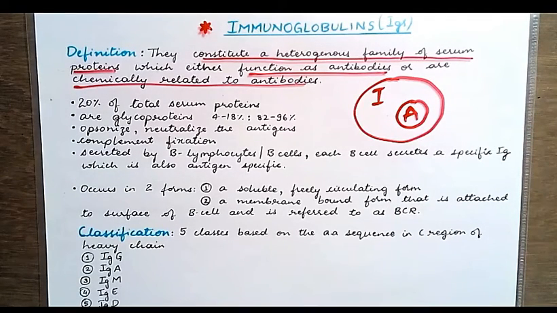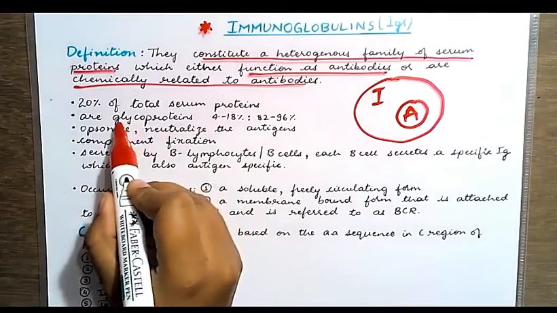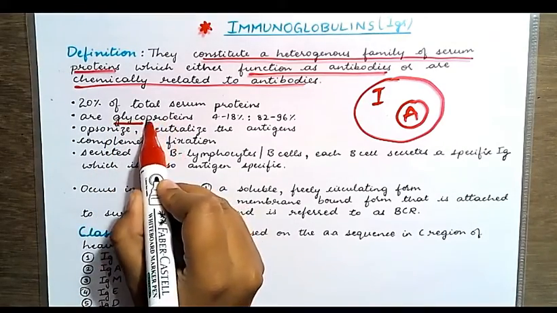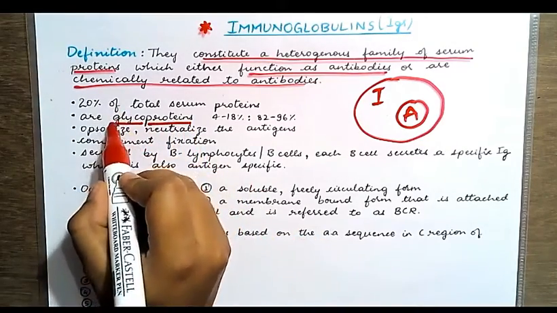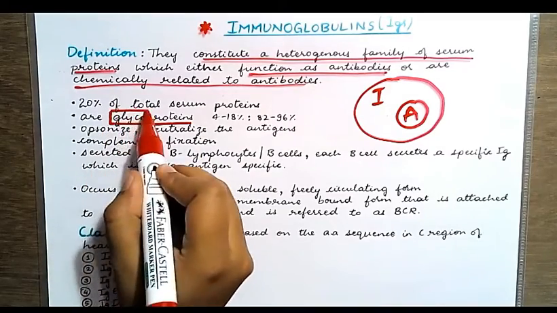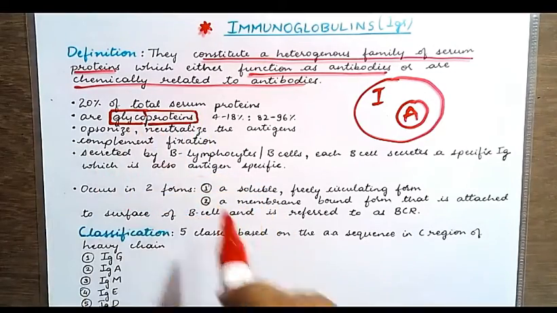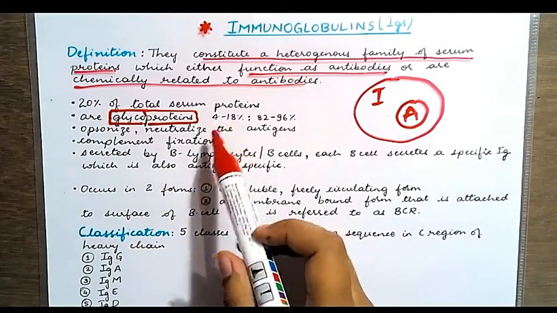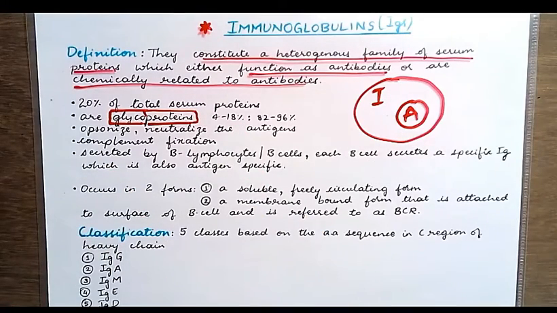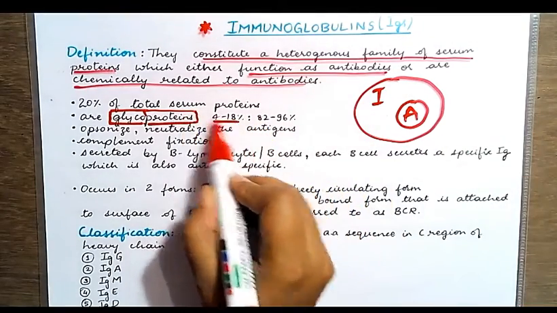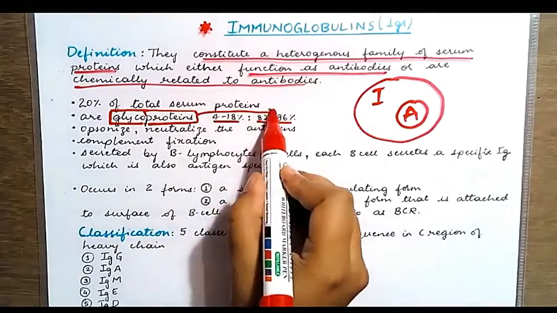20% of the total serum proteins are these immunoglobulins, and they are glycoproteins, by which I mean they are formed of carbohydrates and proteins. Glyco means polysaccharides, and the polysaccharide, that is the carbohydrate part, is 4 to 18%, and 82 to 96% is the protein part.